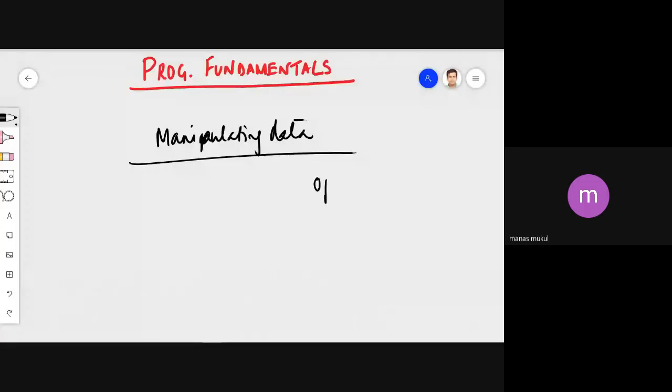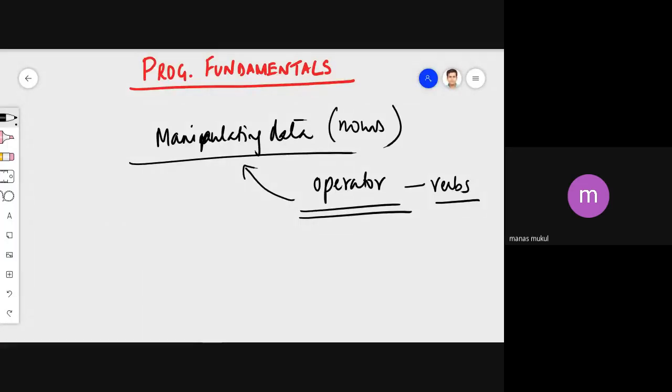Operators are very important in any programming language because operators are like your verbs. I had talked about the verbs and the nouns of your programming language sometime back in some of the classes. Operators are verbs. They manipulate data. Data are like nouns.